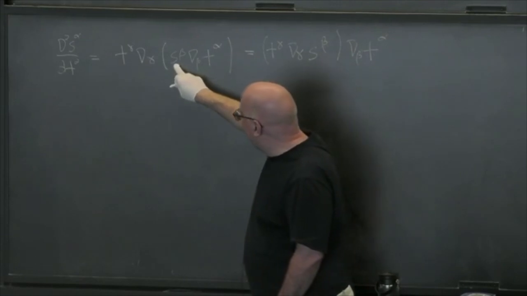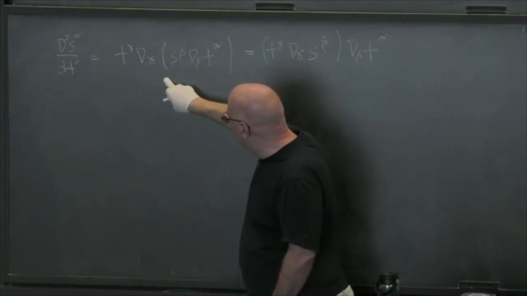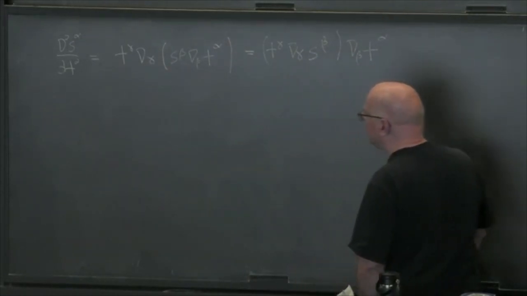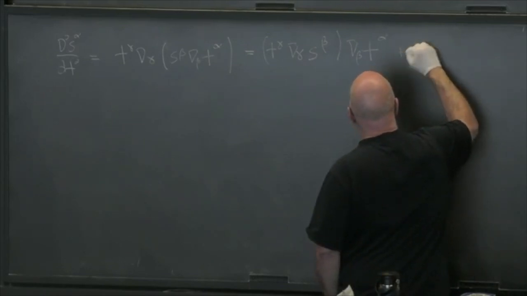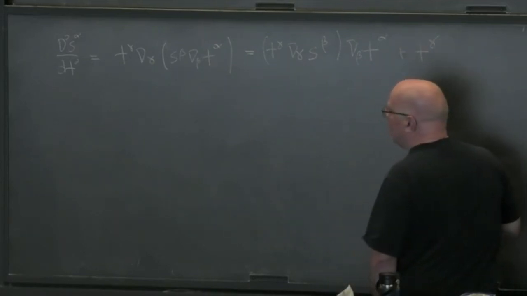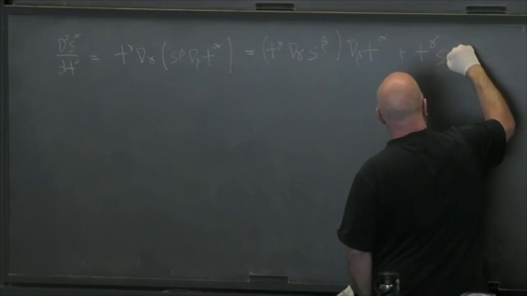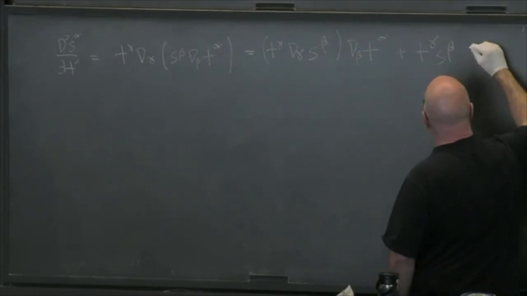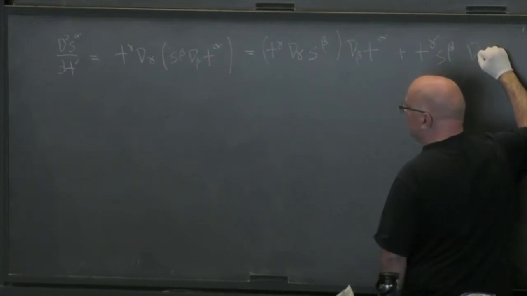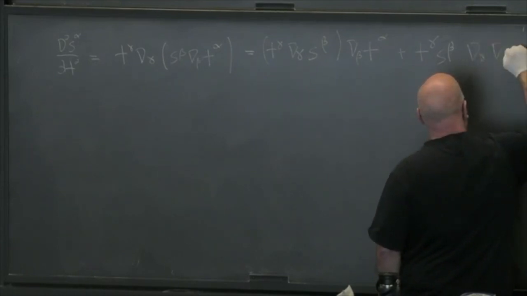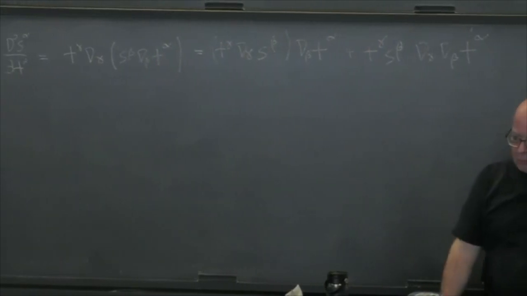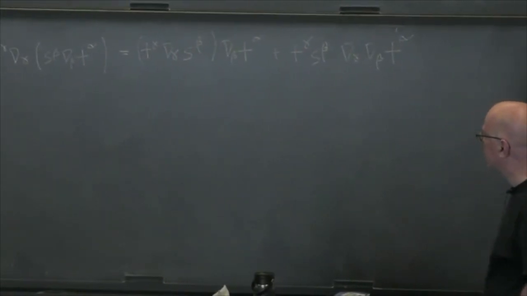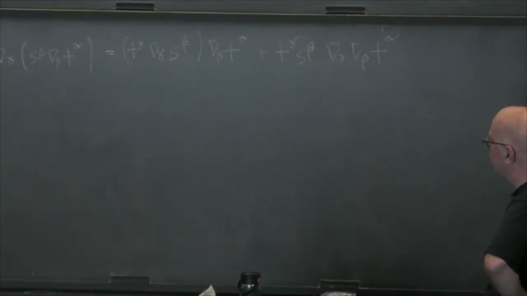And after this, S will come along for the ride, and the derivative operator will act on T. So the second term is going to be T, and then we're going to have the S beta that comes along for the ride. And now we have two derivatives, gamma and then beta, acting on the T vector. Okay, so far so good.